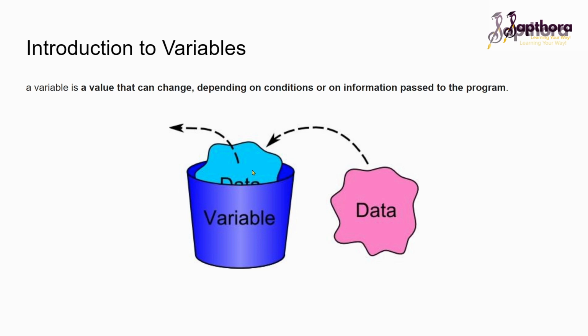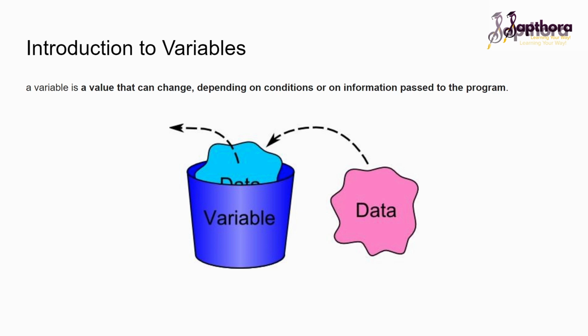In case I want to put some other thing inside this bucket, I have to first empty this bucket and then place the other data, right? The same way, a variable is an empty memory location where you can put any value inside, and it is always changeable. Depending on the usage, we can update the variable.